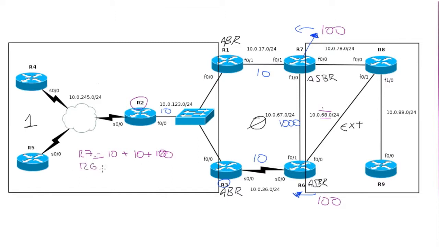And to use R6, pretty much the same thing: the cost that R2 has to reach R3, plus the cost that R3 has to reach R6, plus the cost of the external. So these two here will be that forwarding metric, and the 100 will be the E2 metric. And as you can see in the routing table, all we are really seeing is that E2 metric, which doesn't change.